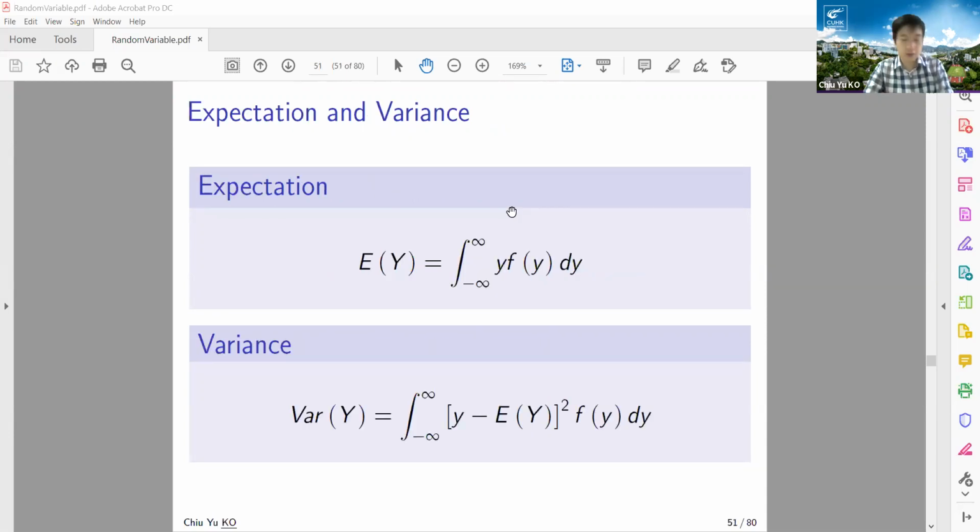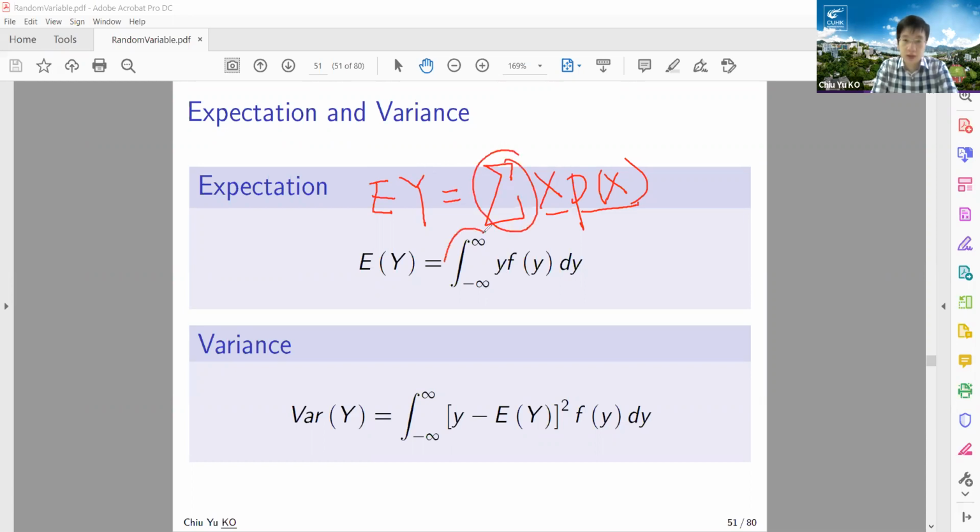So the next thing we would like to discuss is the expectation. Okay, and just to recall the discrete case, right? The summation of x times p(x), the value of x times the probability function, right? But now we have a continuous variable, then you change the summation into the integral, right?